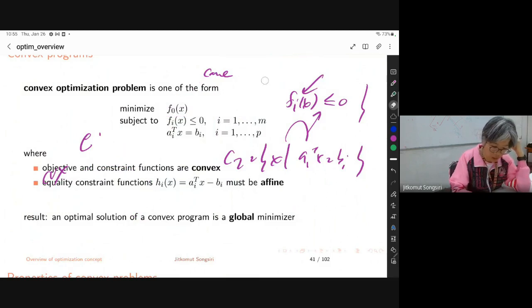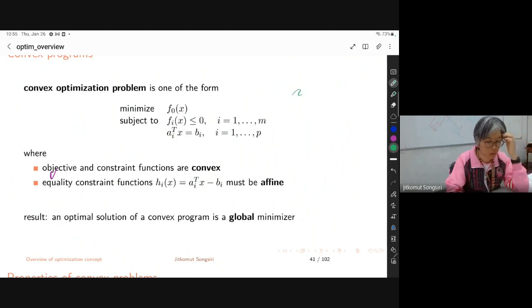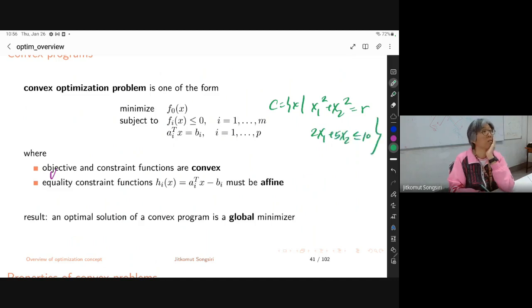Now, what if I have the set C described by this? Now pay attention. Is my constraint set convex or not?